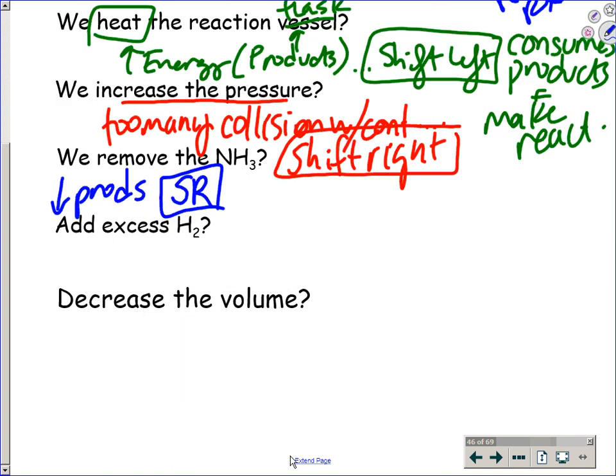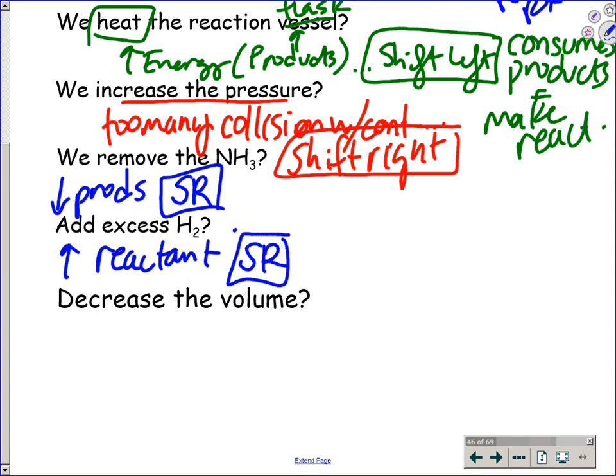Okay, what's the stress here? Okay, so I've artificially increased the reactants, which is where H2 is in the reaction. Okay, so I've added increased reactants. Oh no, too many reactants. How do I get rid of them? Make more what? I make products, which means a shift right.